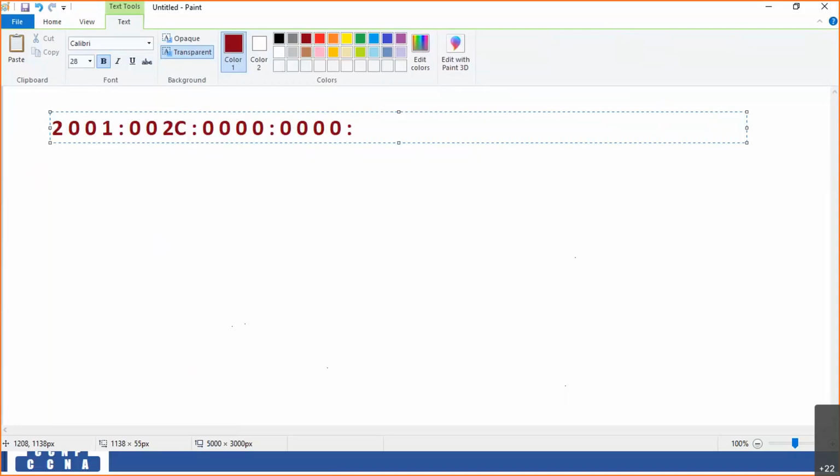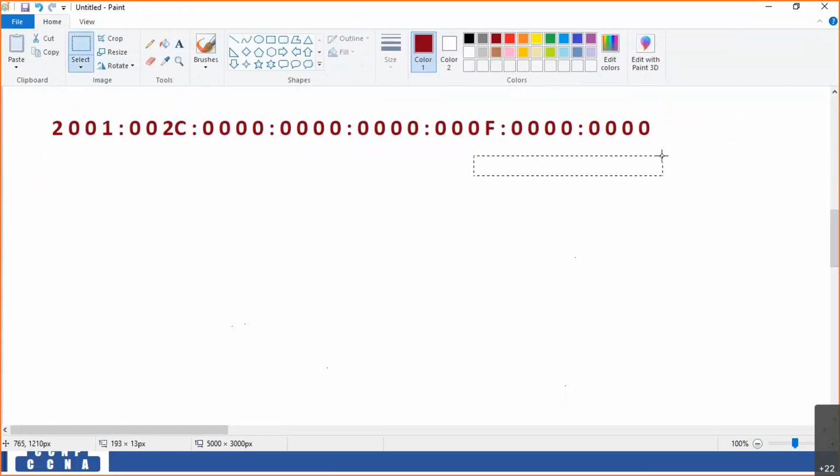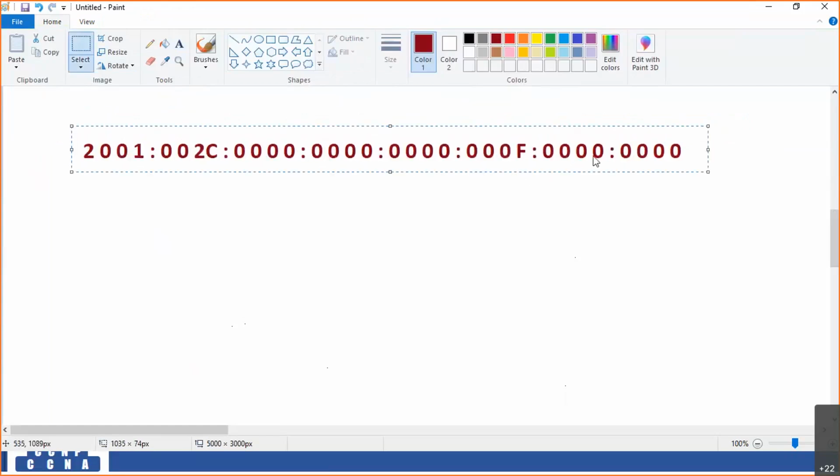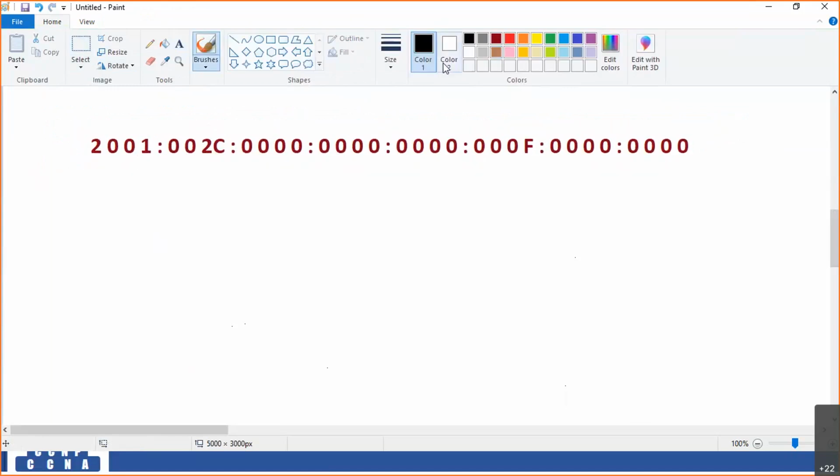So first quartet, second, third, fourth, fifth, sixth, seventh and eighth. Clear? This is an example of an IPv6 address.